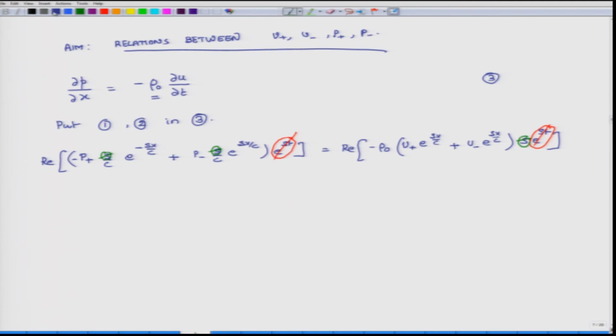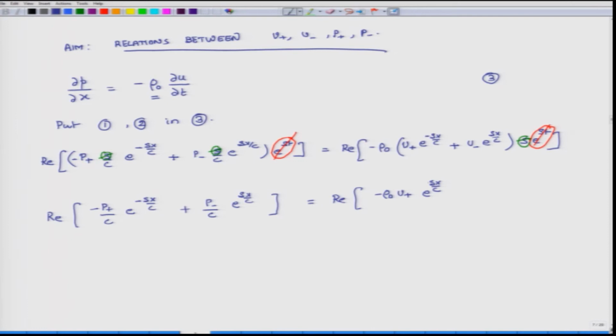So, what I am left with is real of minus p plus over c e to the power of minus s x over c plus p minus divided by c e to the power of s x over c. This equals, on the right side, minus rho naught u plus e to the power of s x over c.